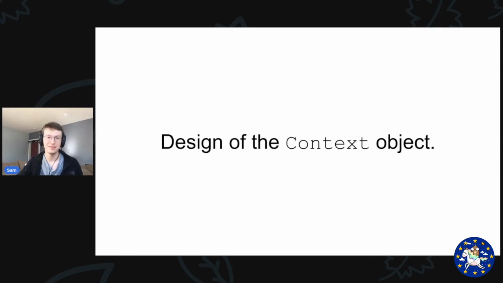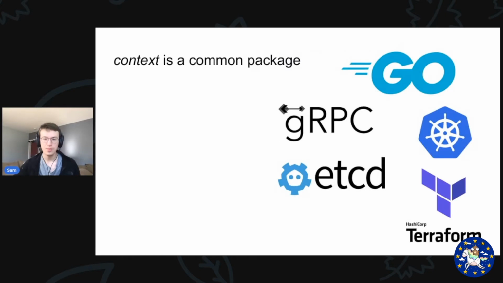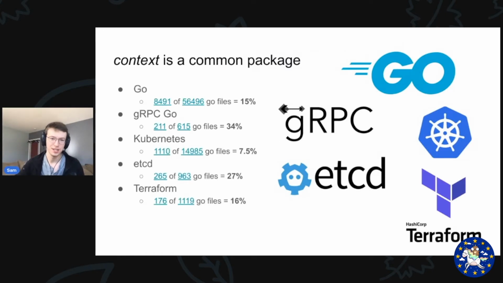So the design of the context object. Just to clarify, we're talking about just the core context object imported as the string context. It's a core Golang package. You probably have seen it as a variable abbreviated ctx. That's where it comes from in the name of the talk. Instantiated with context.Background, or it's the first parameter in some function. It's a super common package in Go, gRPC, Kubernetes, etcd, Terraform.